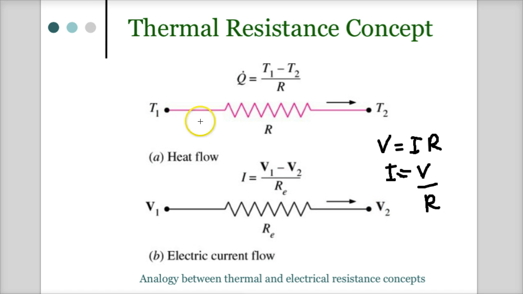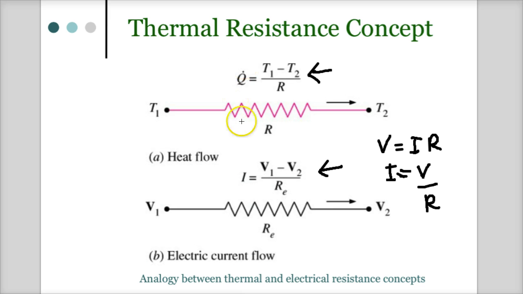For heat flow it is also the same. Heat flows from the hot to the cold region. Here the temperature is higher, and then over a layer of substance, say glass or wire or a wall, the temperature outside is cooler. So there's a temperature difference. Temperature and voltage, that's the analogy.